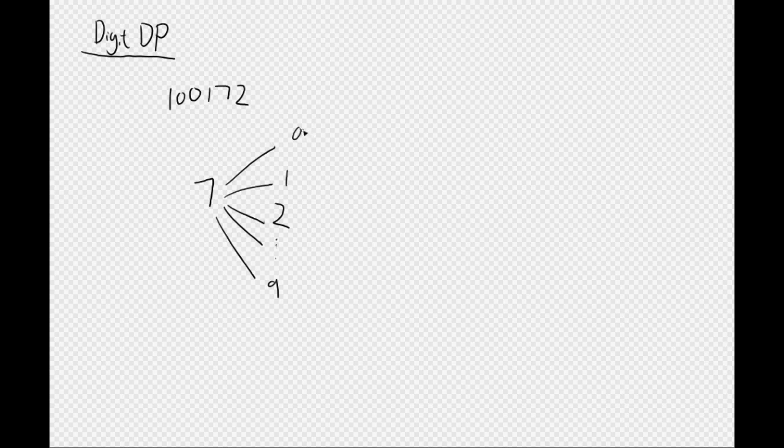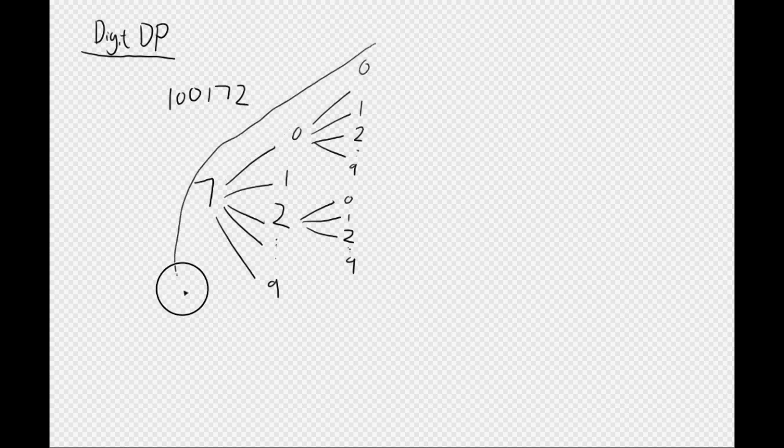And after having the first layer, if we go from 0 here, it can also be 0 again, 1, 2, all the way to 9. And similarly for 2, it can be 0, 1, 2, all the way to 9, etc. So basically, if we do this, the tree will iterate all the possible numbers that we can find.